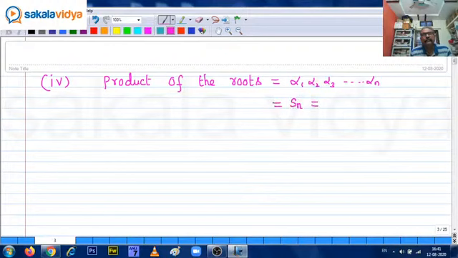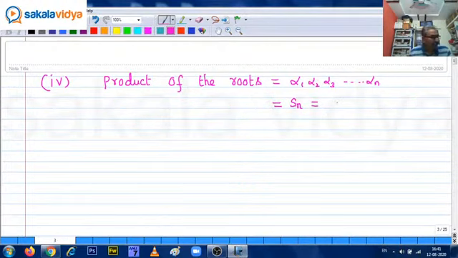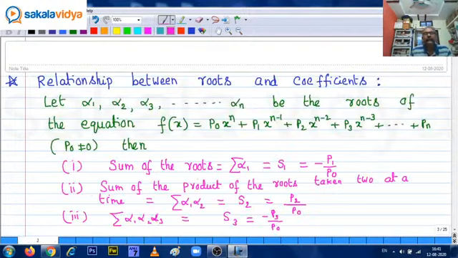This Sn equals, you can remember like this, Sn is equal to the last one, Pn upon P0, but we do not know the sign. Sign is very important. So that's why you need to write minus 1 to the power of n, Pn upon P0. For example, S1 is minus 1 to the power of 1, you get minus.